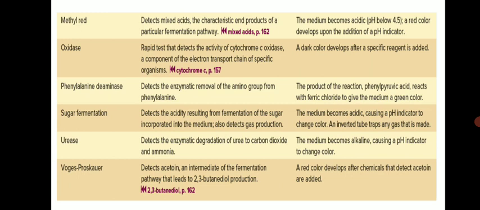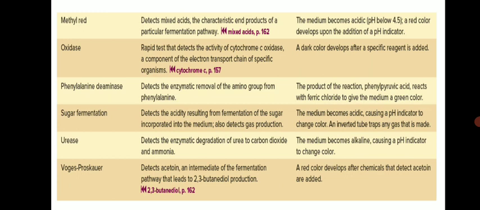Next, the methyl red test, the oxidase test, and the sugar fermentation test are also important. Various kinds of sugars are used, and the fermentation ability is checked, whether a particular microbe ferments a particular sugar. This is a routine biochemical technique performed in identification of microbes in various laboratories.